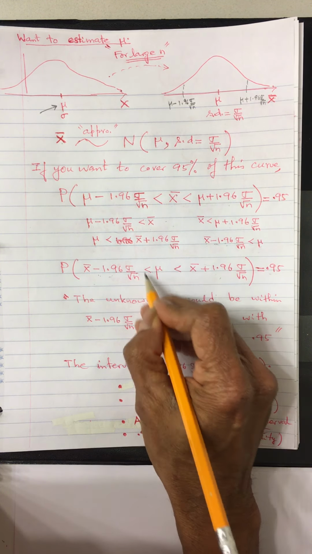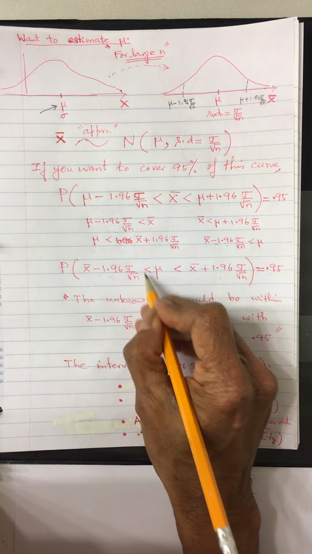These are different names: 95% confidence interval, 95% interval estimate, or sometimes some books even say a level 0.05 confidence interval. So for confidence interval, level is 0.05.